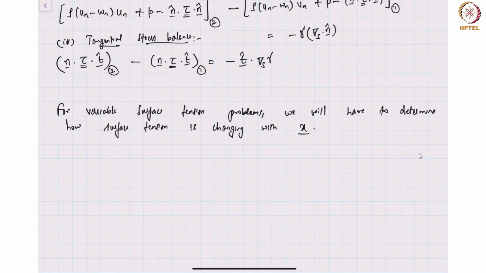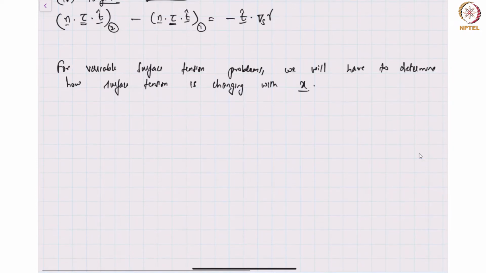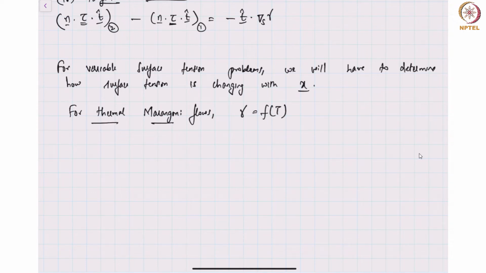For example, you could have two possibilities. For thermal Marangoni flows, the surface tension gamma is typically a function of temperature.